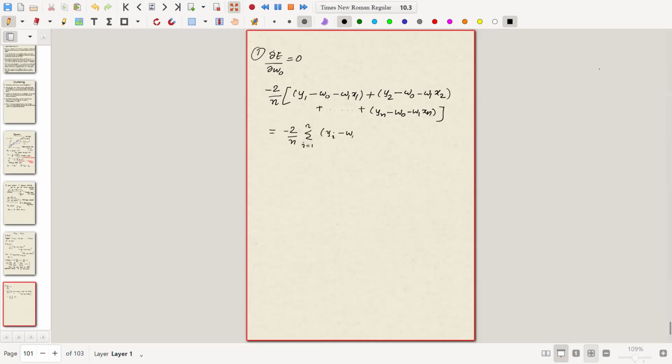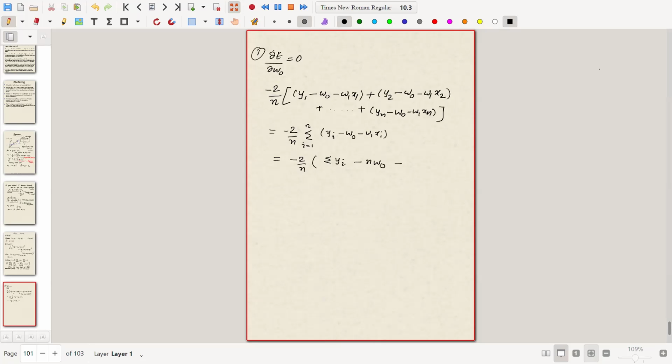Now you can take the summation inside each expression. Summation of yi minus w naught, so you will get outside of summation and w naught.